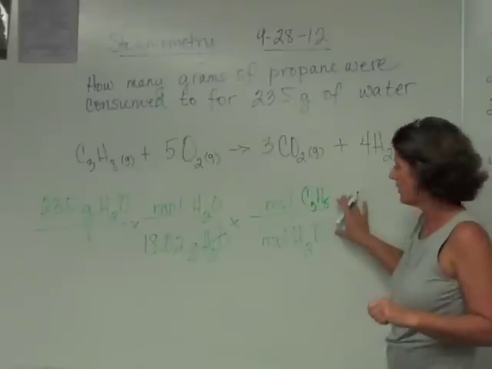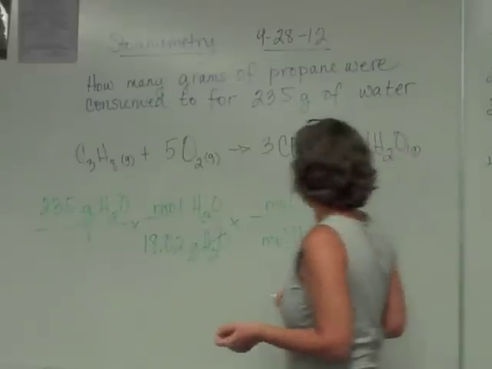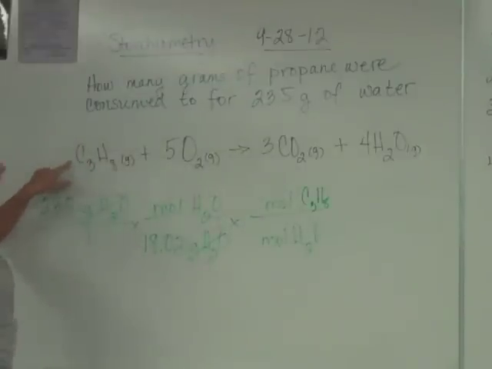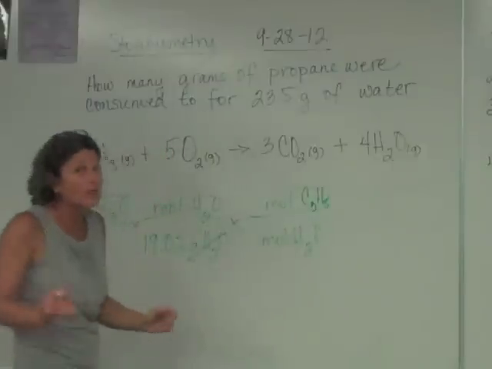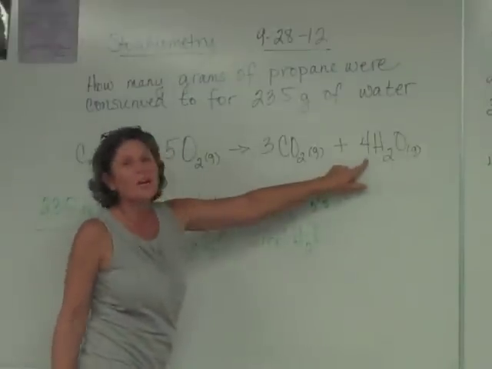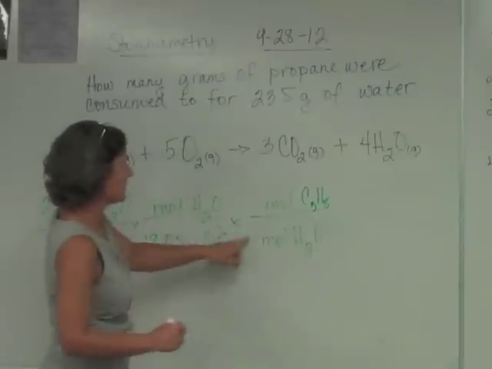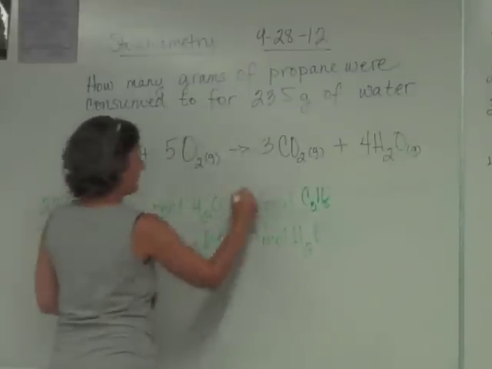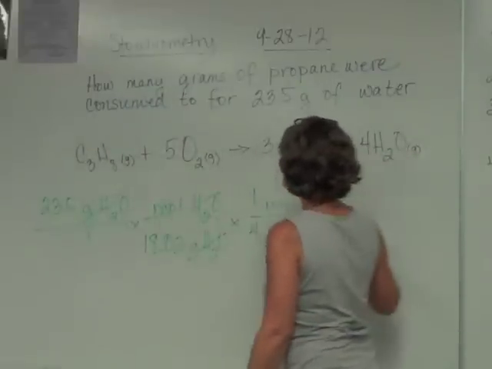I need some numbers here. So what is their relationship in this reaction? For every 1, I make 4. Or we could think of it, to make 4, I need 1. All right, so my ratio is then 4 to 1. And my moles of water will cancel.